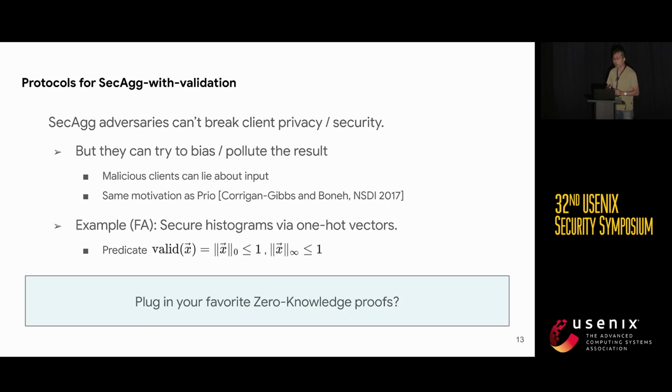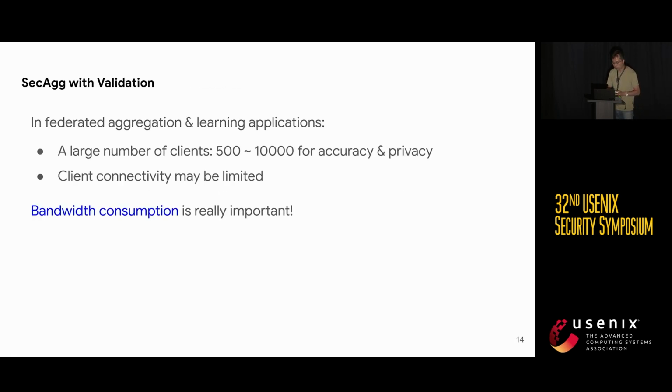The typical solution would be to employ zero-knowledge proof systems. For us, because we are a large-scale multi-party protocol, we want this zero-knowledge proof system to be very communication efficient. This is because in practice, especially for federated learning and federated aggregation applications, we need a large number of clients in order to provide privacy and also to provide accurate aggregation results.